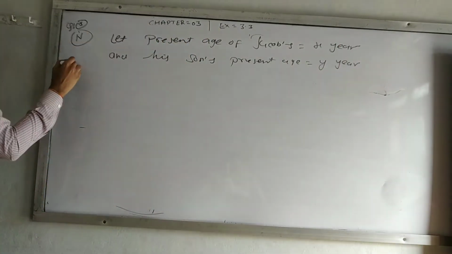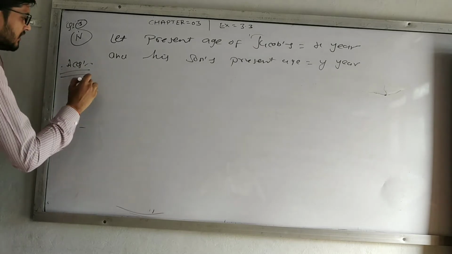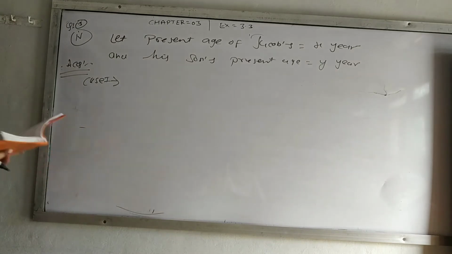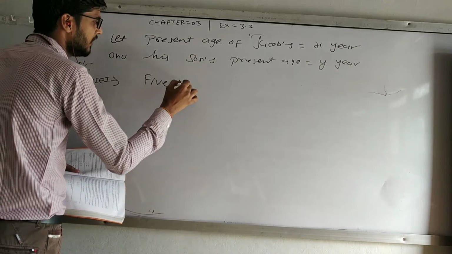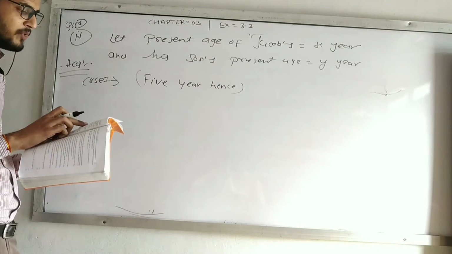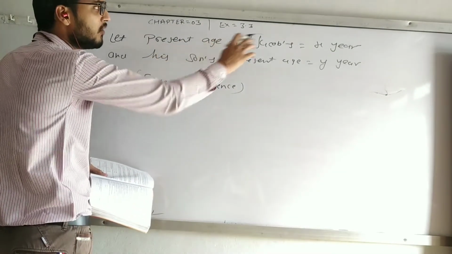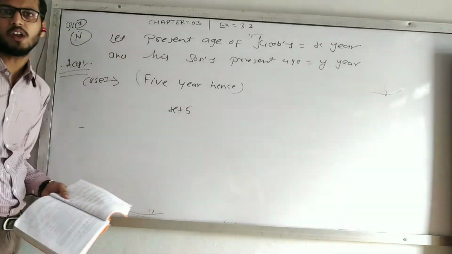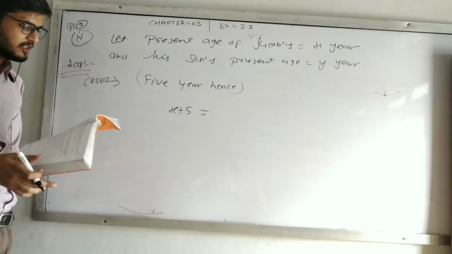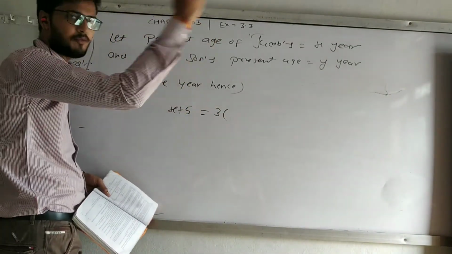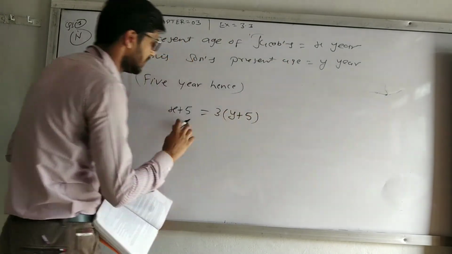According to the question, the first case is 5 years hence. The present age of Jacob is x, and 5 years next it is x plus 5. So the age of Jacob is 3 times the age of his son after 5 years, which is y plus 5.